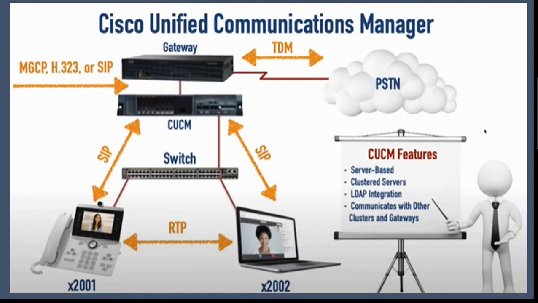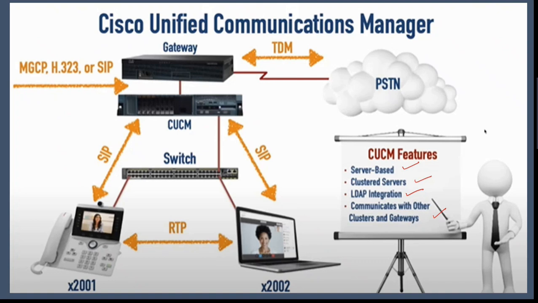Okay, talking about Cisco Unified Communications Manager, CUCM. CUCM is a server-based solution. It has clustered servers. It also uses LDAP for integration, and it communicates with other clusters and gateways. Cisco Unified Communications Manager is not only a call manager, but it can do a lot more than that.